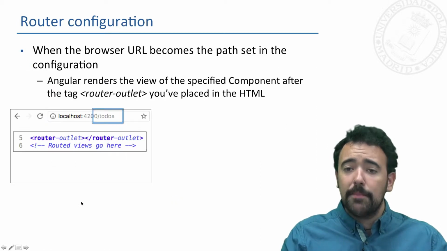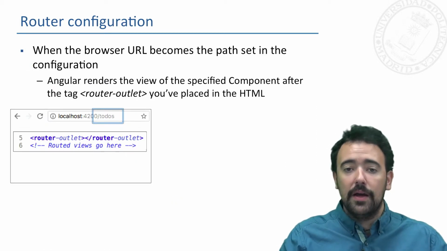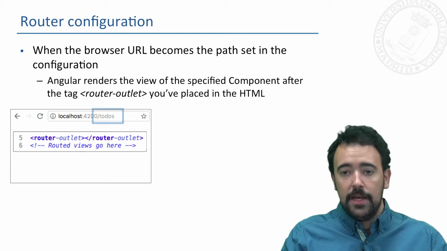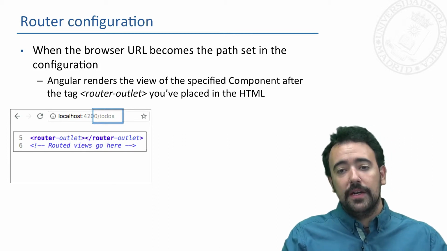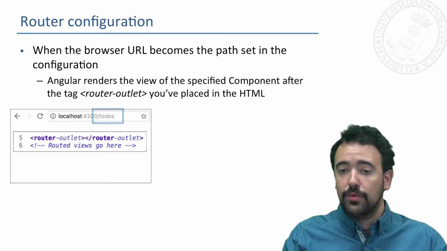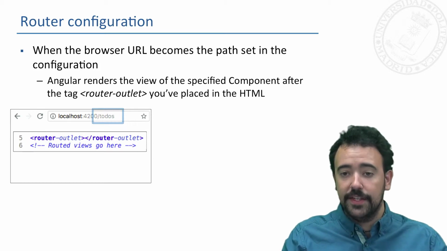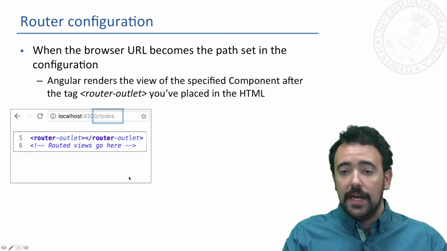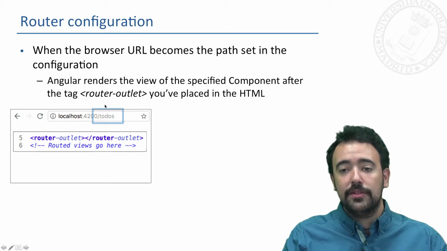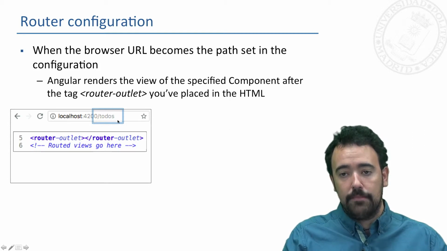So let's see an example of how this will work in the application. Imagine that we have configured the routes as you have seen in the previous slide, and the user navigates to the to-dos path.